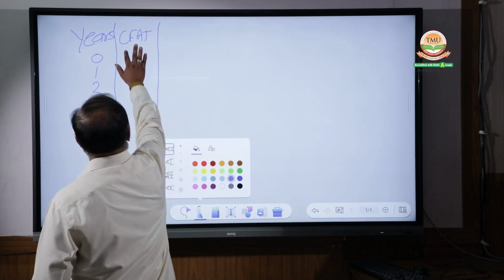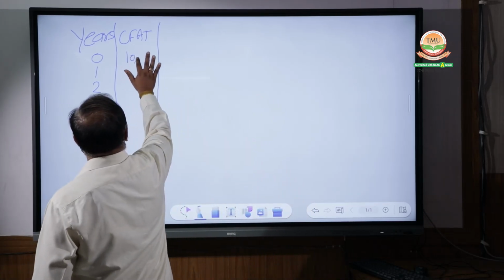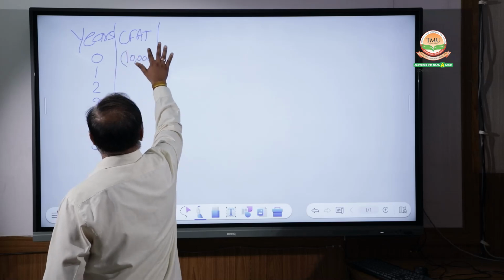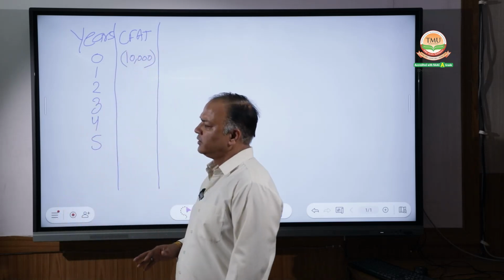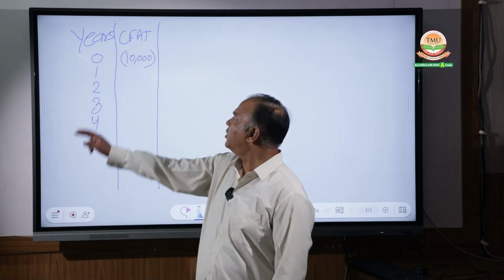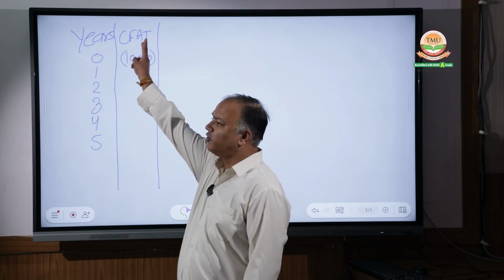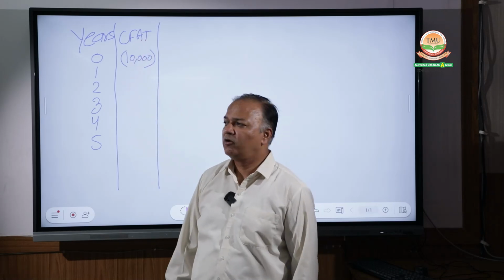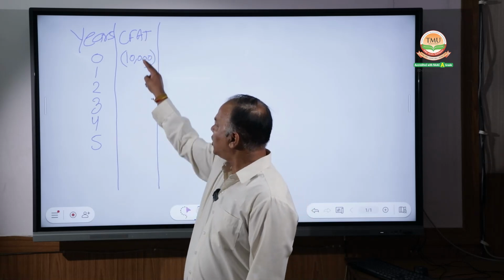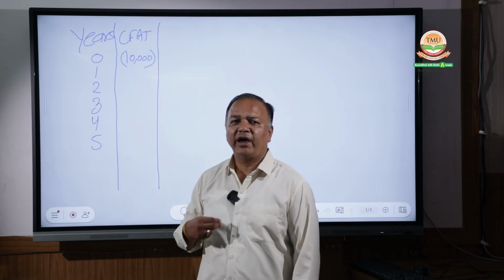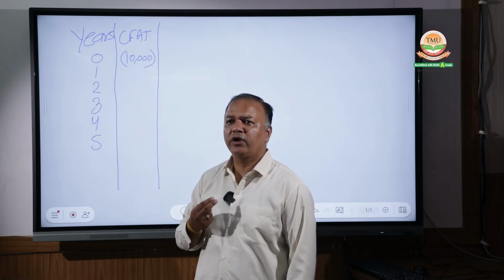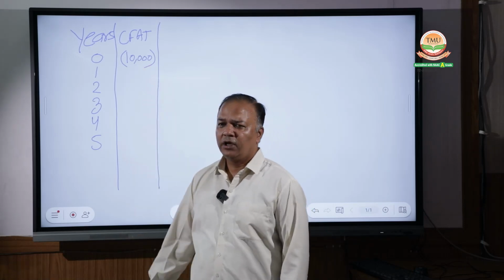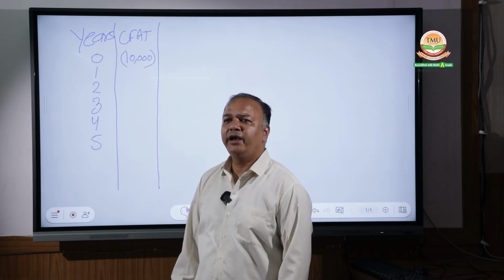So write here rupees 10,000 as a negative figure, because this column is for cash inflows, and whenever I have to write a cash outflow figure in the cash inflow column, I have to write it with a negative sign.